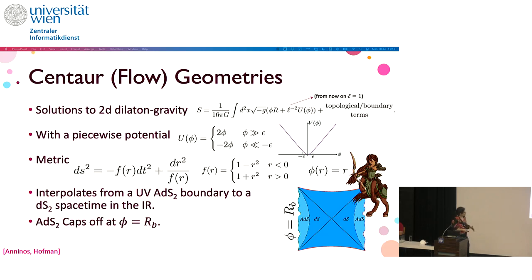As usual with all these setups, the ADS2 space caps off at some constant value of the dilaton. That's not the same value where we glue the DS and ADS. And for the calculations of complexity that I will present in a second, we use essentially a sharp transition between de Sitter and ADS. This sharp transition doesn't make much difference. I will actually talk about that.